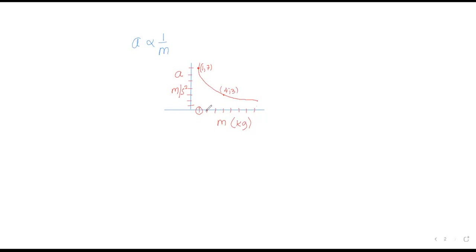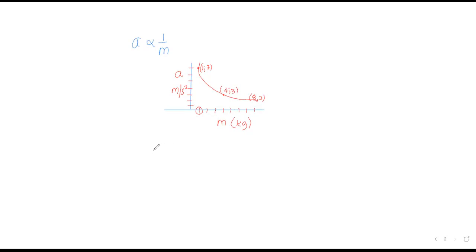Let's go to this one here, 2, 3, 4, 5, 6, 7, 8. X is 8 here, and then our Y value will correspond to 2 there. Now, as the mass increases, the acceleration becomes small when the force is constant.